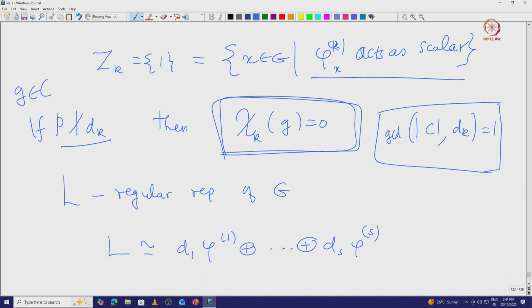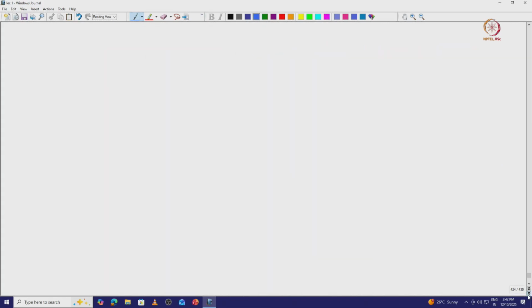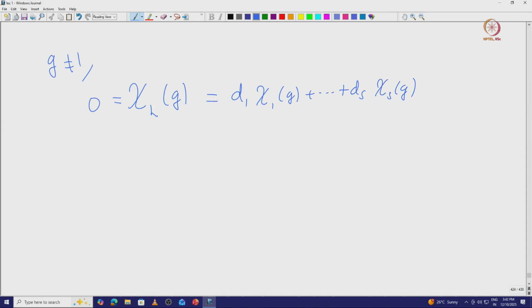Since the regular representation is decomposed like this, we can conclude that for this g, because this is a non-identity element, the character value of the regular representation is going to be 0. That is exactly given by d_1 chi_1 of g plus etcetera plus d_s chi_s of g.